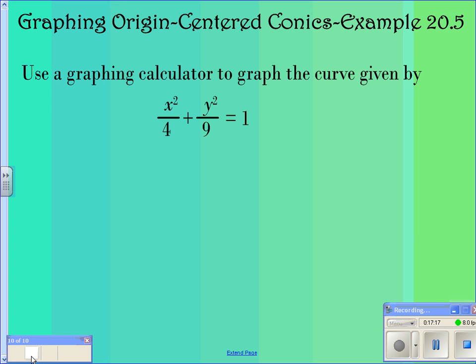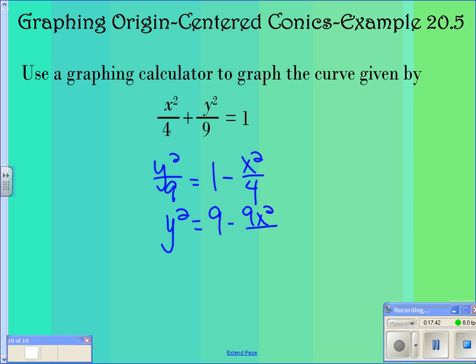So what are we going to do to be able to put it into our calculator? All right, so what should I do first? Okay, multiply everything by 9. Do you agree?